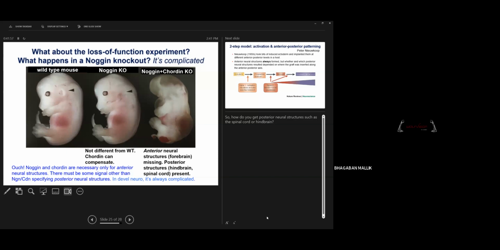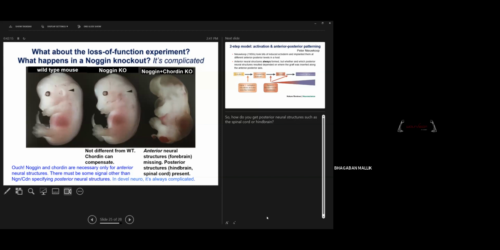But you have the formation of the dorsal nervous tissue even in the noggin knockout mice, or in the noggin chordin double knockout mice. So how is this happening? What are the other signals that specify the posterior nervous tissue?